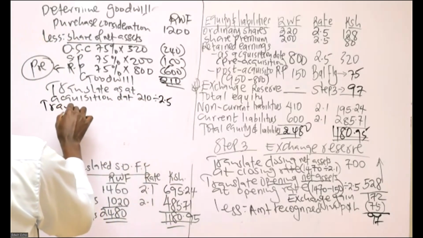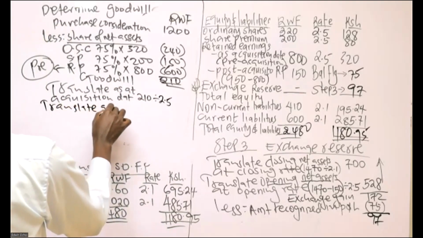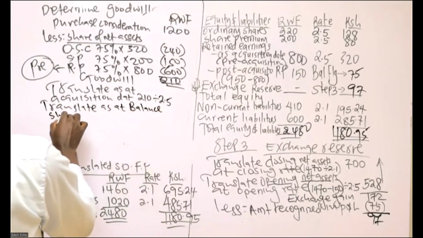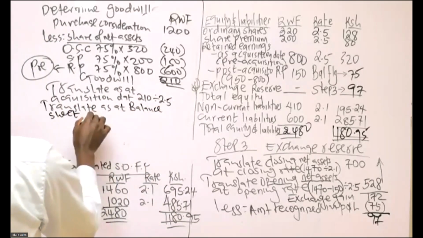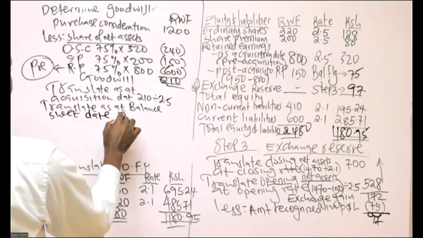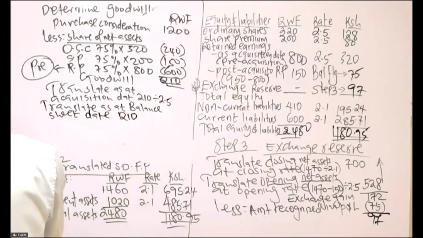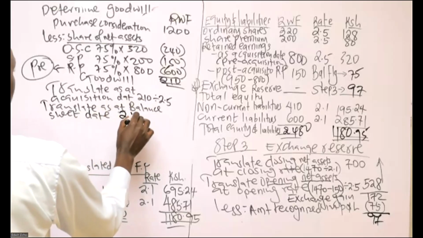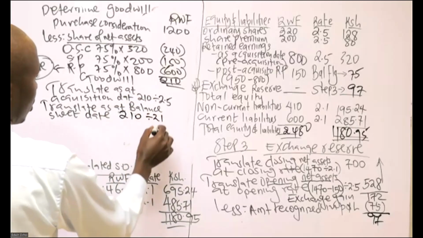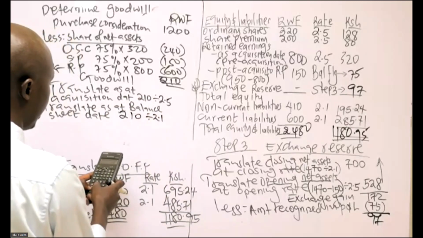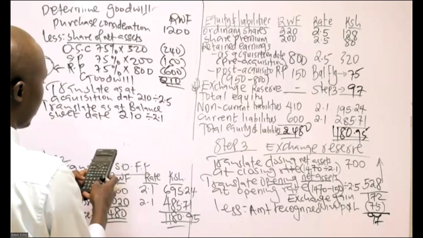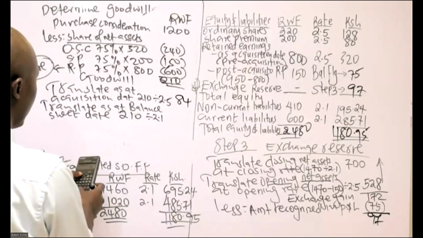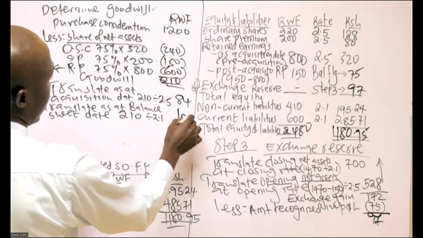Then translate as at the balance sheet date, which means the closing date. That is 210 divided by 2.1, the closing rate. 210 divided by 2.5 is 84. 210 divided by 2.1 is 100.